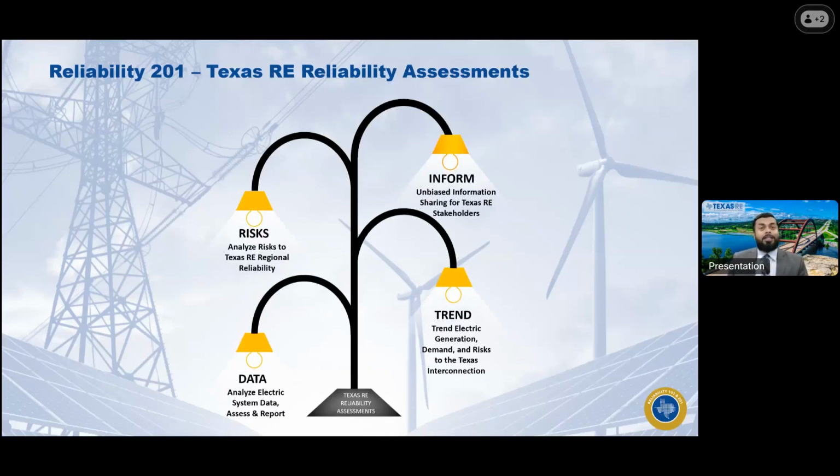Our engineering analysis helps us validate and build on our findings. We prepare our assessments and work with NERC to publish them. These assessments add tremendous value to our members. They review our key findings and become more aware of the current and future risks to the Texas electric grid.